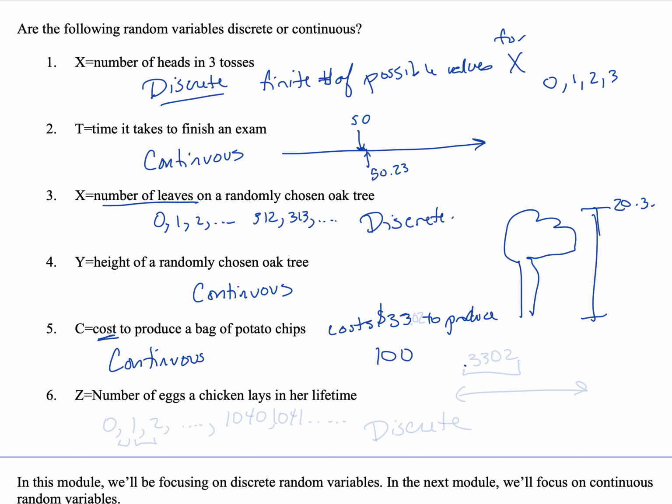That's costing like 33 cents per bag. Or maybe it costs $33.02. If you're being really specific, there's no limit to how precise we could end up being. So this we do think of as being on a continuous scale. It's not like it must cost $0 or $1 or $2 or whatever.